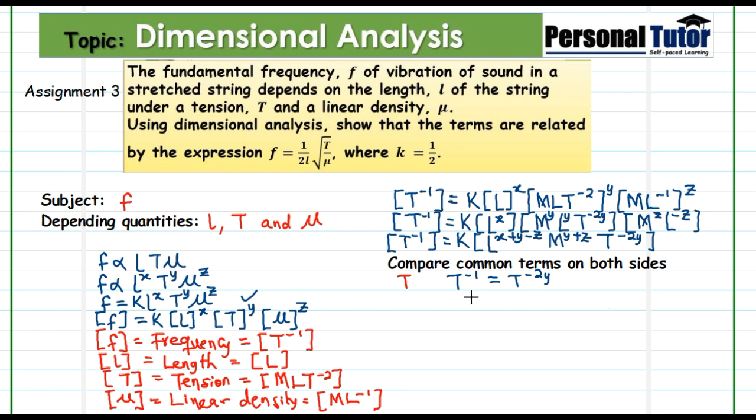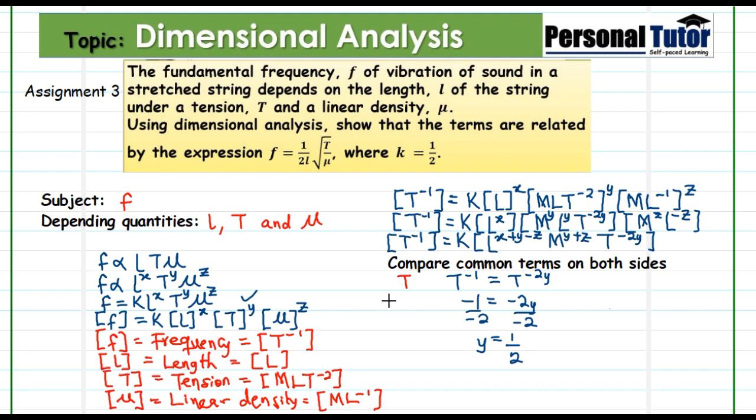In this context, you can have an equation as -1 equals -2Y. Since the bases are the same, the exponents are also equal. To find Y, let's divide both sides by -2. After cancellation, you will end up getting Y to be equal to 1 on 2, half for Y.